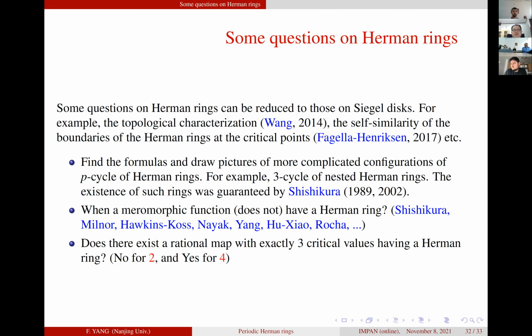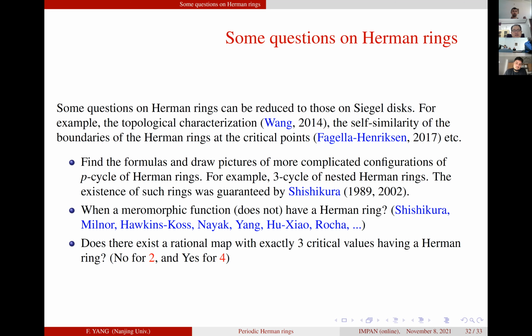But we know from Herman that the answer is yes if the number of critical values is 4, because Herman has produced cubic Blaschke products with Herman rings. And the cubic Blaschke products have exactly 4 critical values.